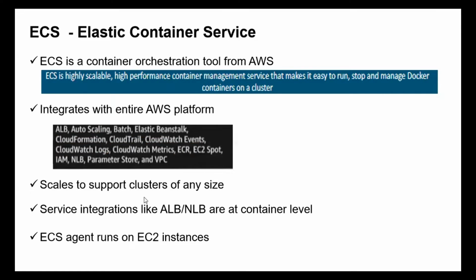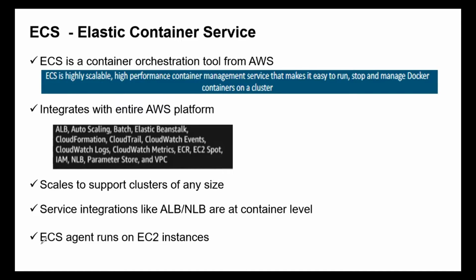ECS has the ability to support clusters of any size. During the creation of the cluster, we just need to provide the configuration based on our application workloads. It can also integrate with Application Load Balancer and Network Load Balancer at the container level. If you are going for an EC2 hosted model, there are two types of hosted models, which we will discuss in the coming slides.